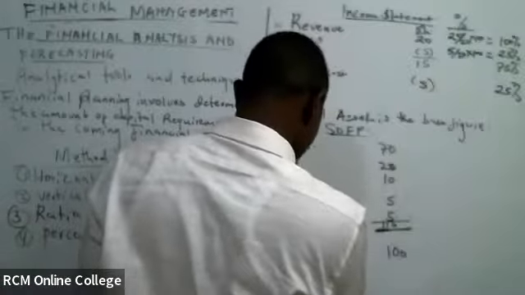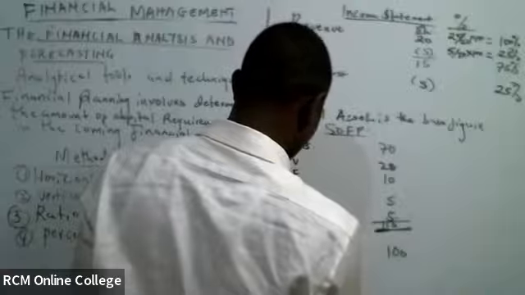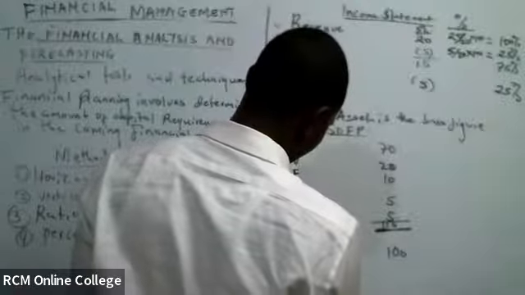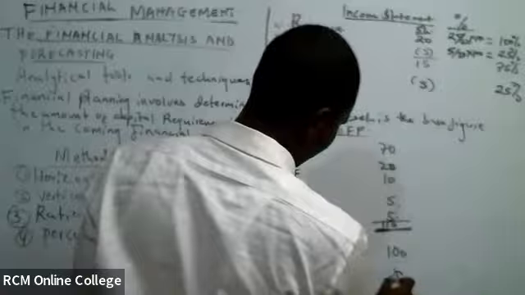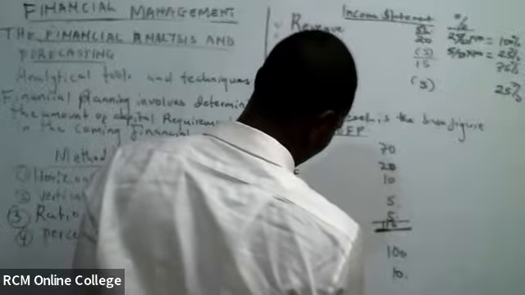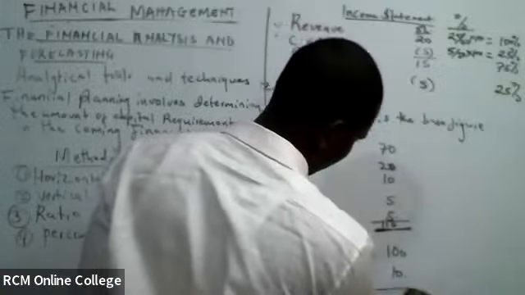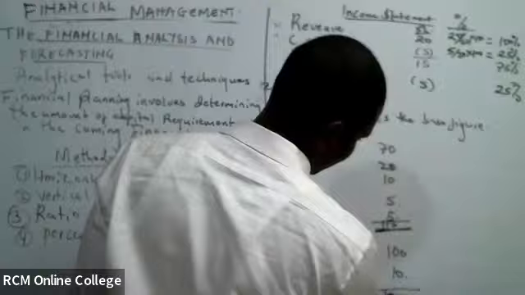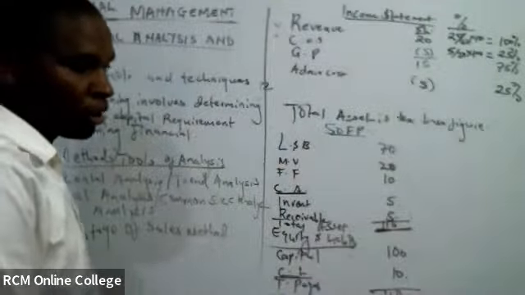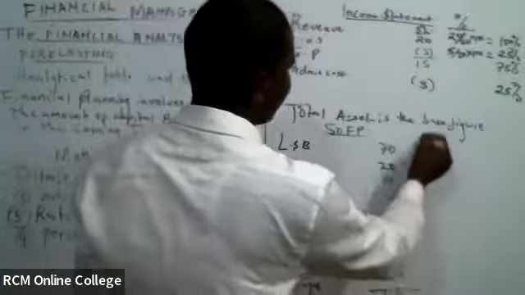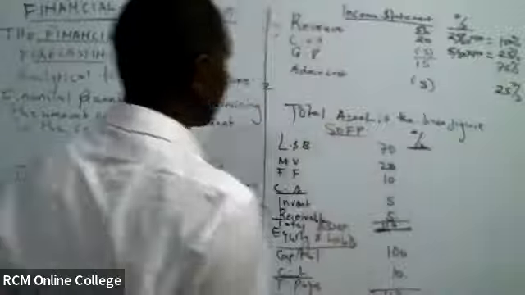Then I have current liability of trade payable of 10. So that's my total equity and liability. Total equity and liability is 110. That's just a simple illustration to guide you on how you can get these using the vertical method.